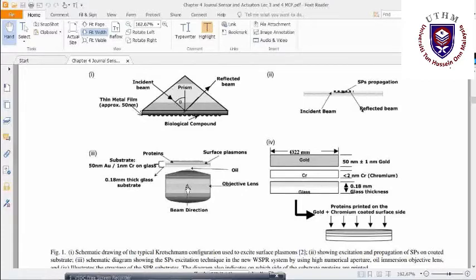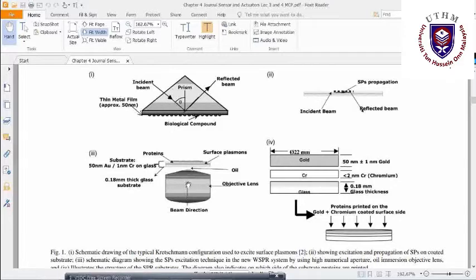The numerical aperture of this objective lens is 1.45, and it doesn't have the same incident beam and reflected beam, because it now has a different setting of beam direction, but the angle theta is still the same.